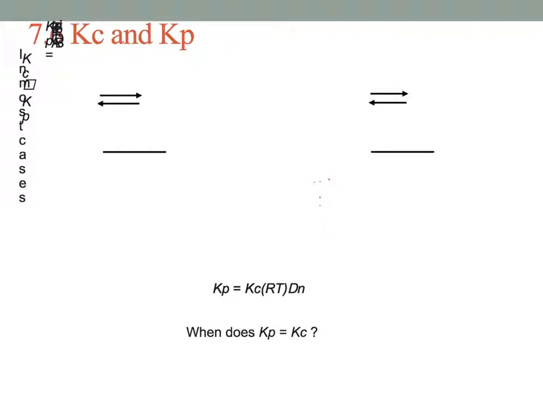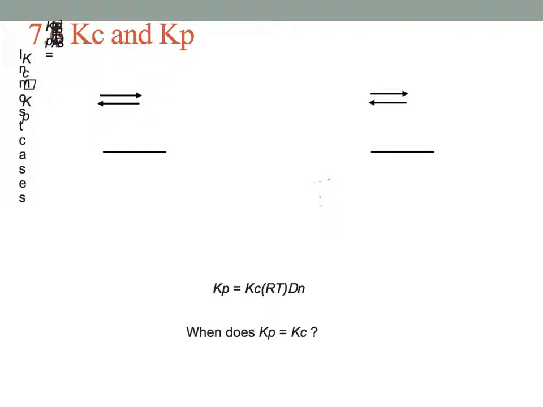We can also, if we know the size of that vessel, express that quantity in concentration. We can express a gas in moles per liter. So what if we want to look at how the equilibrium constant varies depending upon whether we're expressing the quantity in concentration or pressure?